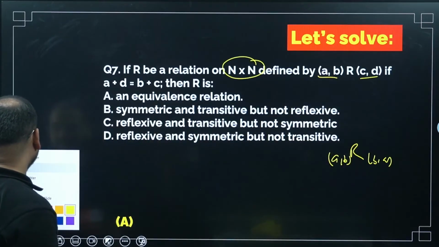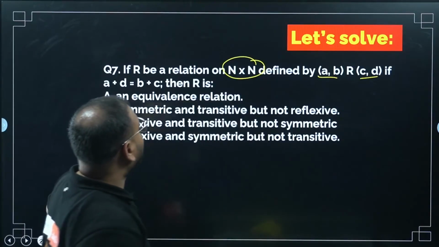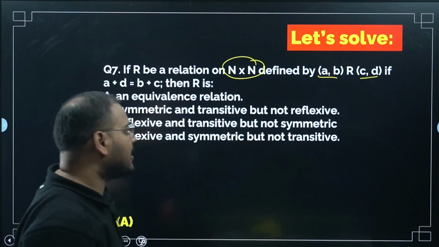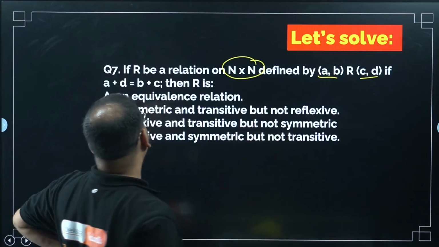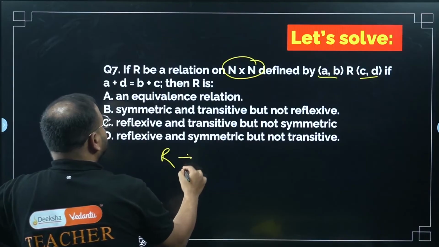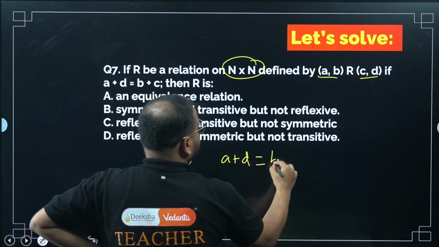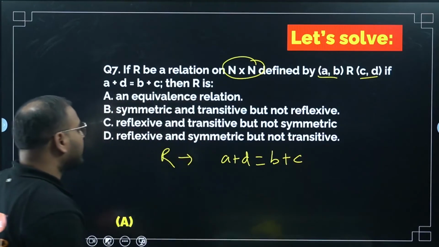Let's see. The relation is this: A plus D is equal to B plus C. This is my relation.